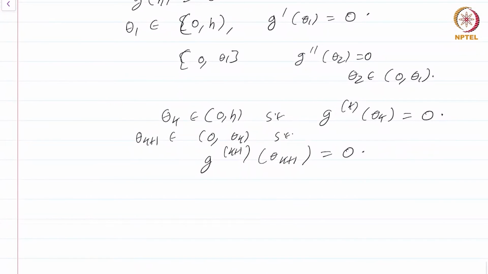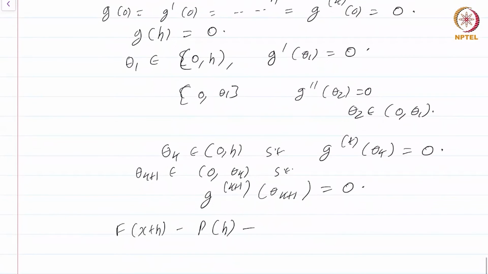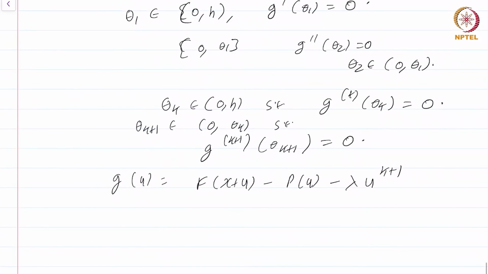Well, how is this useful? We have g of u is f of x plus u minus p of u minus lambda u to the power k plus 1. What will be the k plus 1th derivative of this at theta k plus 1?